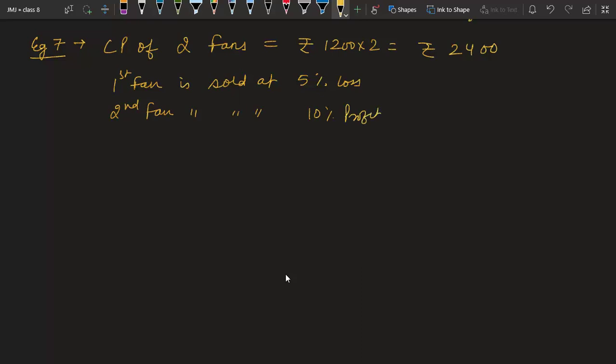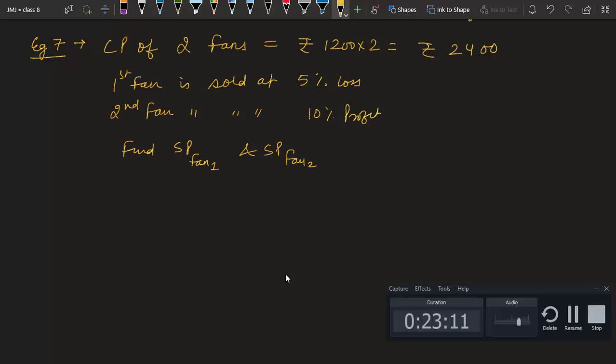We have to find the selling price of each, SP of fan 1 and SP of fan 2. Also find the total profit or loss. So we have to find these and check whether it is a total profit or total loss. Okay. Now let's start.